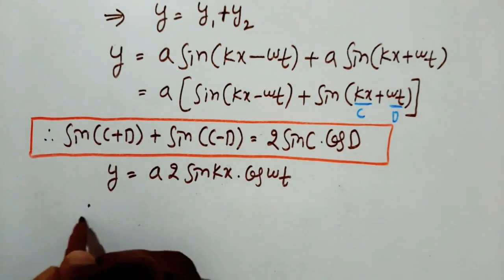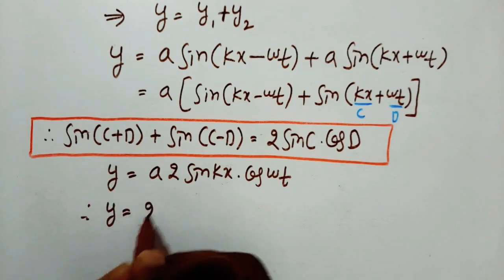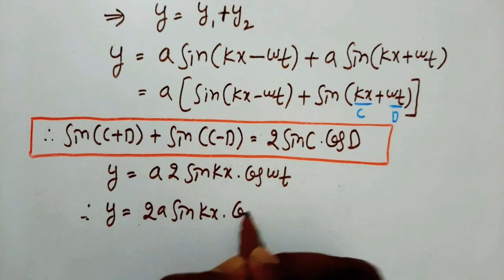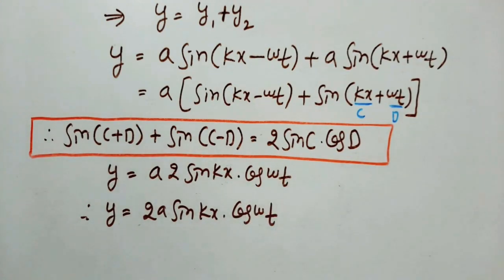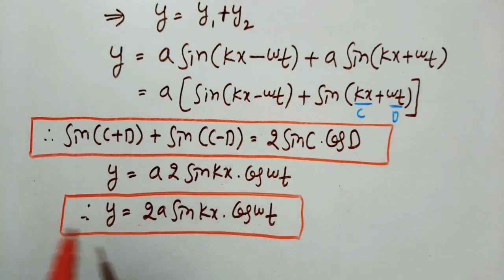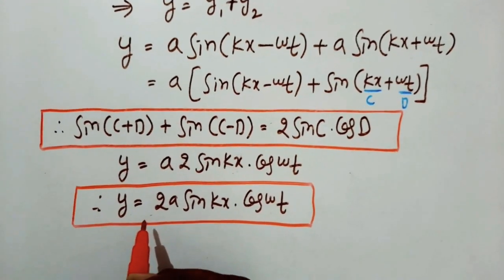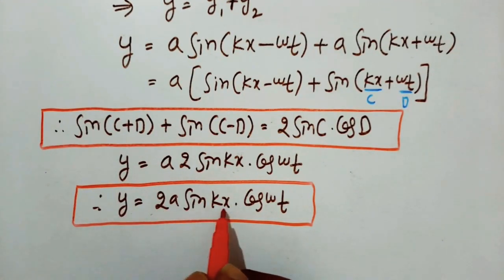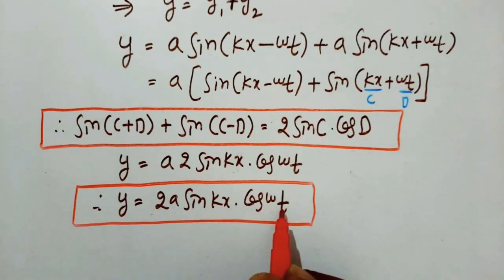So finally we can write, therefore y is equal to 2a sin kx into cos omega t. So this is known as the displacement of a stationary wave. The displacement of a stationary wave is y is equal to 2a sin kx into cos omega t.